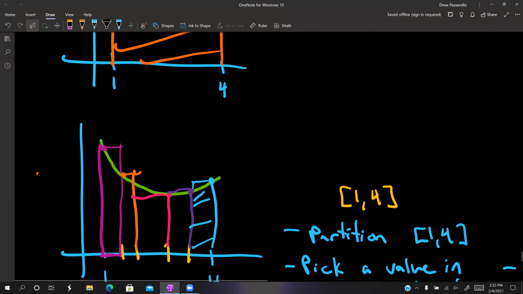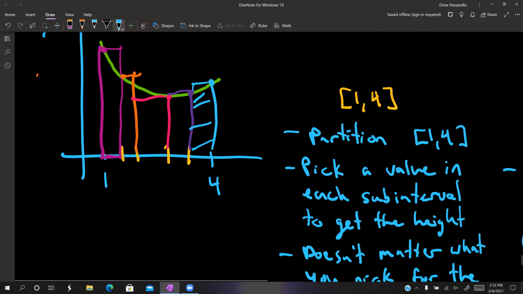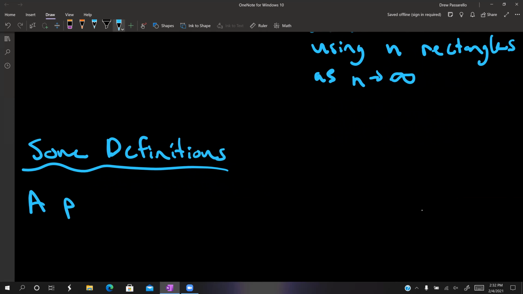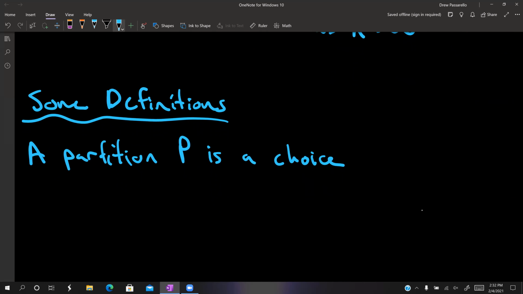So now I'm going to go into formalizing the language, with some definitions. We talked about a partition. A partition P is a choice where a is your x naught, which is less than x1, less than x2.